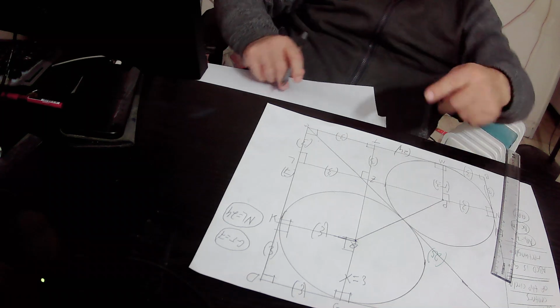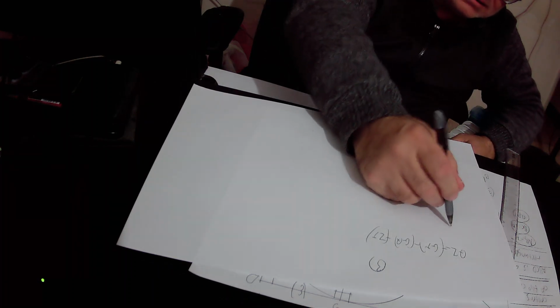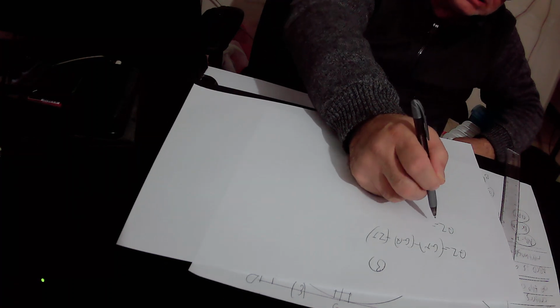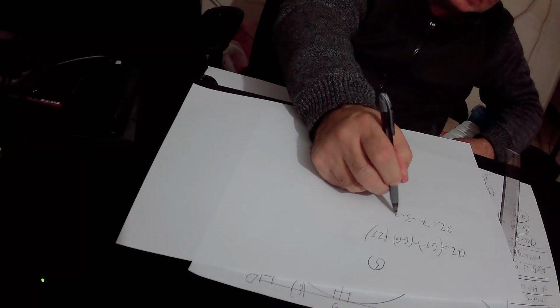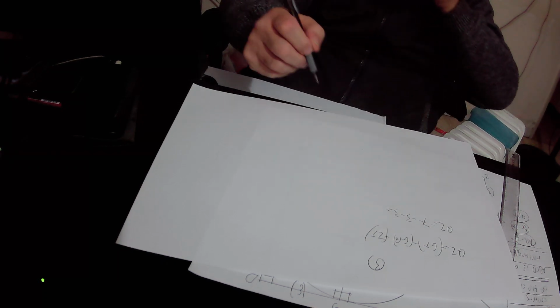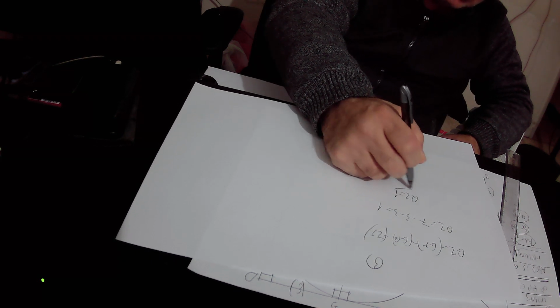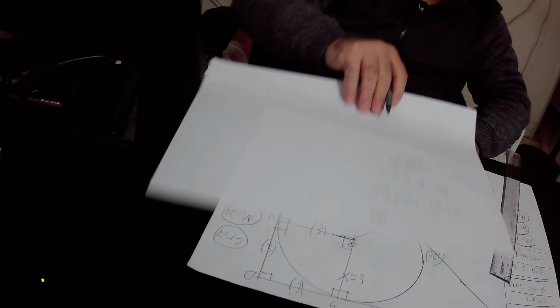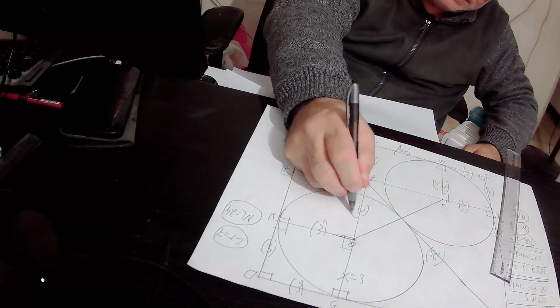So 7 minus 3 minus 3 is 1. So in conclusion, we know that QZ equals 1 unit in its length.